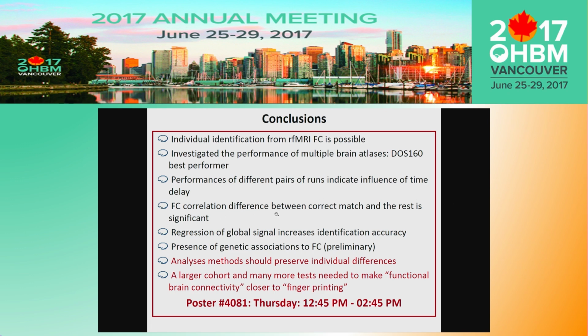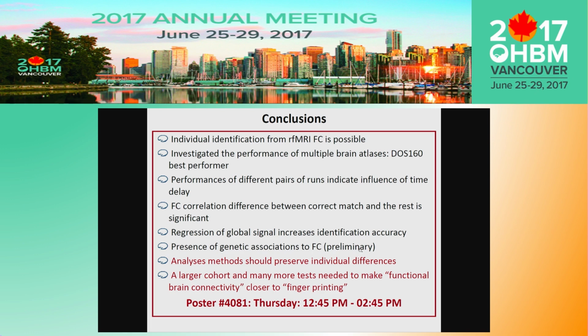The FC correlation difference between correct and the rest was very significant, indicating that the identification was very accurate and far away from the rest. Regression of the global signal seems to increase accuracy, and there are some preliminary results indicating the presence of genetic association.